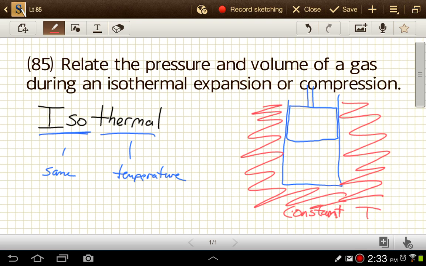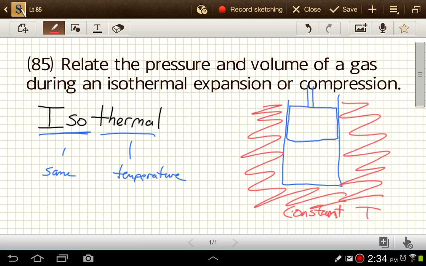And so even if our temperature would tend to change a little bit as we, say, compressed this, that gas would tend to want to warm up a little bit, we have this whole chamber in contact with a large amount of air or water or steel or whatever the material is that's going to maintain a fairly constant temperature here. So as we build up some heat in here, that heat is going to transfer by conduction through the walls of the container into this material and bring this back down to its original temperature.